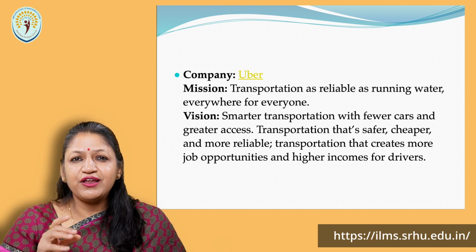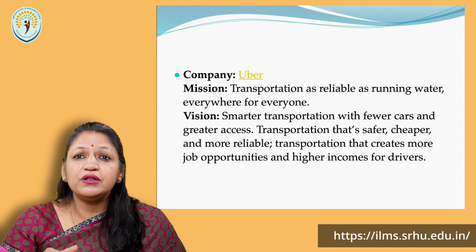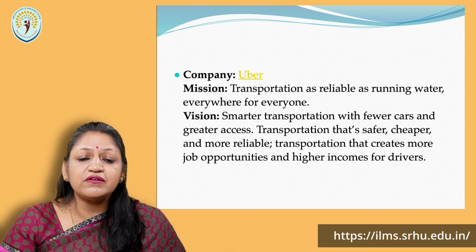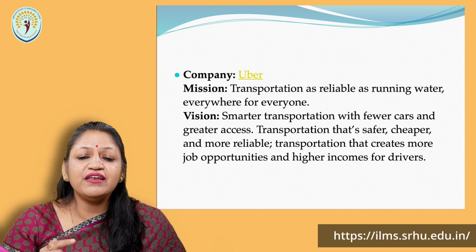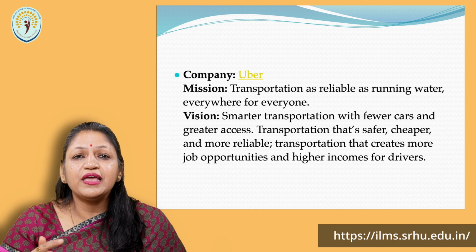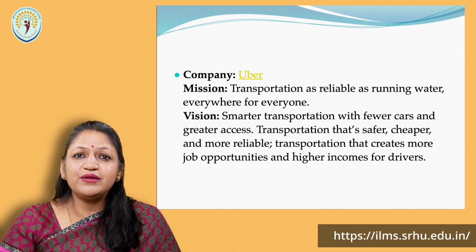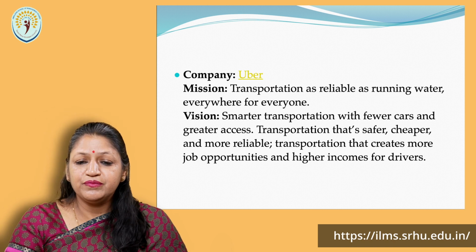See, if we try to understand what Uber is trying to give us in its vision, we are saying that Uber is also a little bit conscious about the environment, because it is talking about smarter transportation with fewer cars. So here it is showing that it is concerned about the environment, and it is also providing employment. So it is also concerned towards the community. So the vision statement is also reflecting what Uber is trying to do for society.